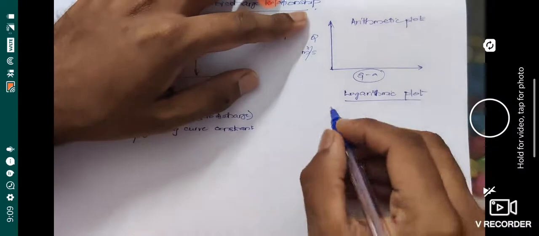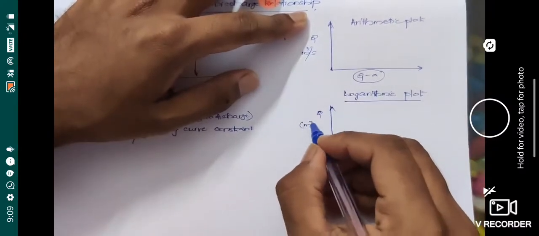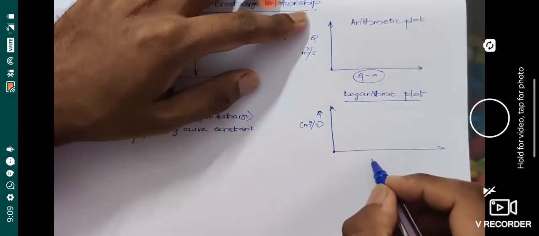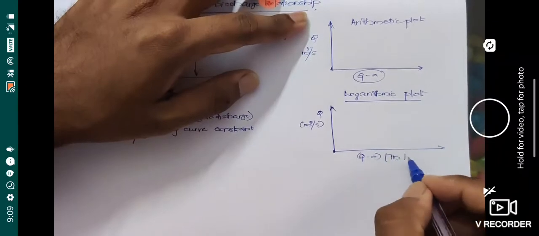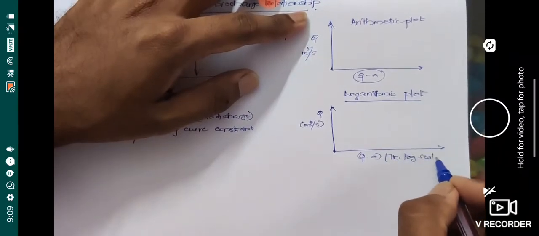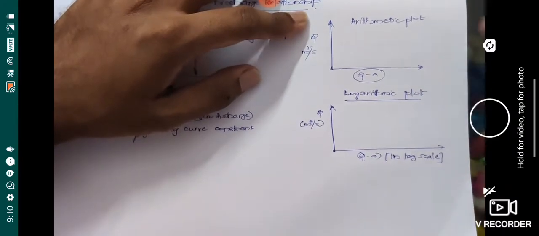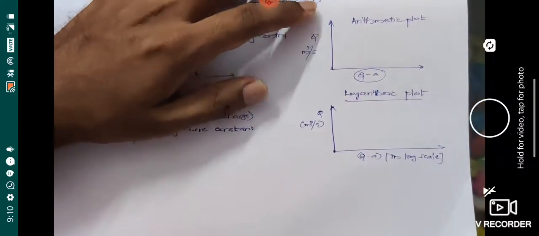While preparing the logarithmic plot, you'll be plotting the discharge and this G minus A in log scale. So while plotting, you'll be plotting it on a semi-log sheet. I hope you know about the semi-logarithmic sheet. It will have the x-axis in a logarithmic scale.